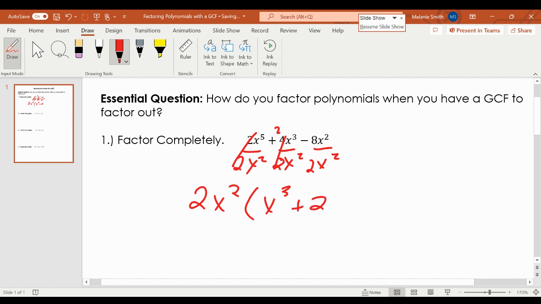And then x cubed over x squared is just x. And then 8 divided by 2 is 4, so it's going to be minus 4. And then my x squareds become 1 when you factor those out. While I have a trinomial here, something with 3 terms, I don't have an x squared. So I'm going to stop factoring this right here, and that's as far as I can go with that.